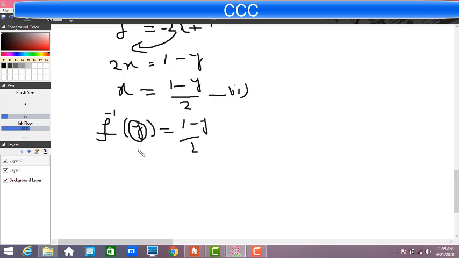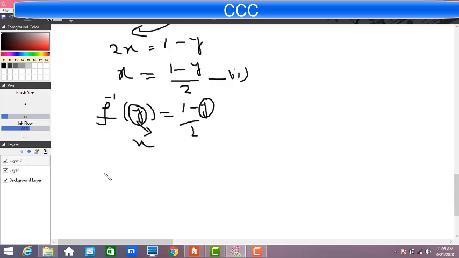So replace this y with x. So we get our result f inverse of x is equal to 1 minus x over 2.